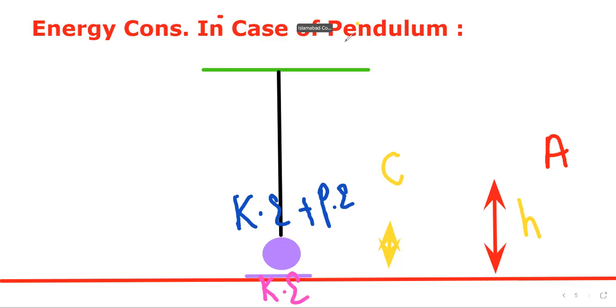Now the pendulum will not stop here and continues its motion towards the B side. Suppose we have a B side here.